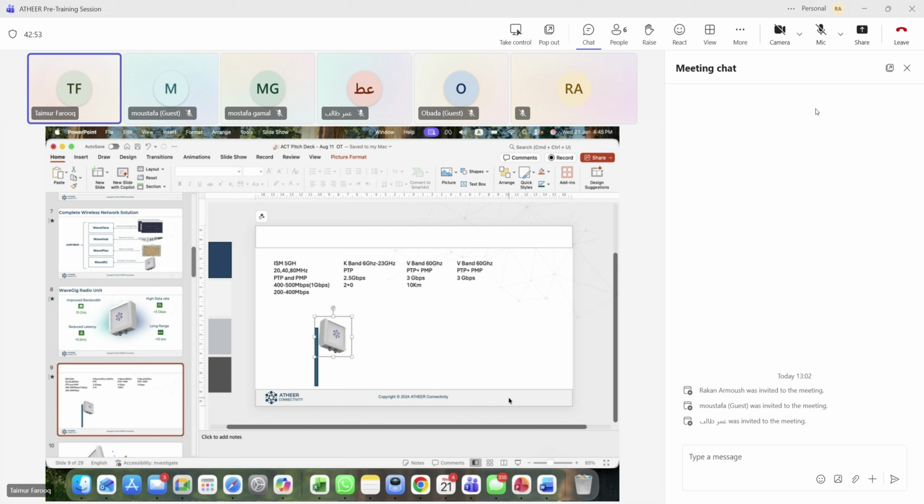So we have two models within Saudi Arabia. Number one, the ISPs have their own towers and their own agreements with the tower infrastructure. In some cases they have base stations on top of high-rise buildings, and in some cases they use towers.